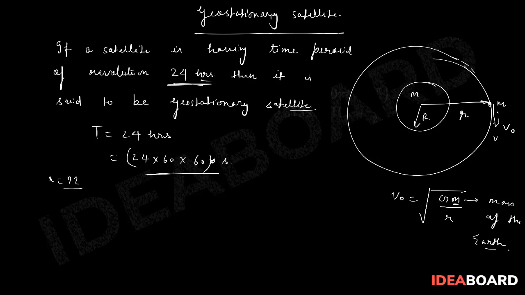So in order to calculate that value, it helps us, because we know that T is equal to 2 pi r by v, and this v can be substituted here as under root of GM by r.